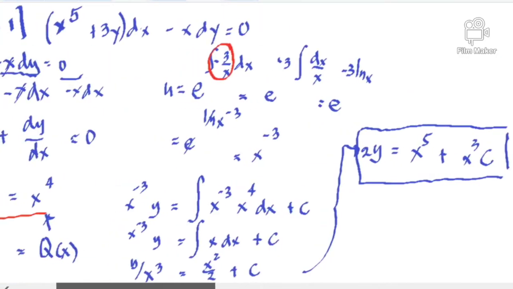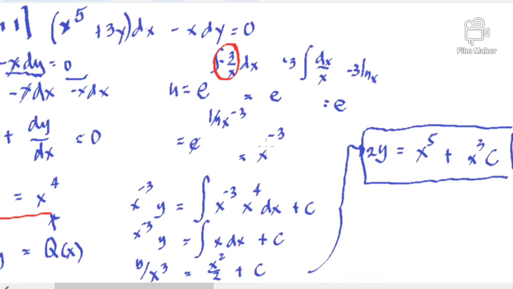Nung na-integrate natin, nakuha na natin yung integrating factor which is this x to the negative 3. And then, minultiply lang natin siya dito. So, di ba sabi natin, i-multiply natin siya sa form ng y is equal to qx dx. So, ito na ngayon yung integrating factor natin. May integrating factor din tayo sa kabila. And then, minultiply natin sa q of x. Pagkatapos natin ma-simplify, integrate natin. Okay, nung na-integrate natin, sinimplify pa natin siya further until we arrive on this answer.